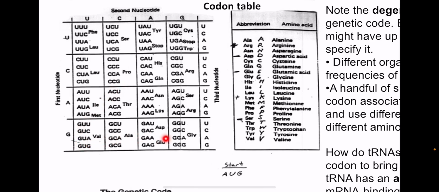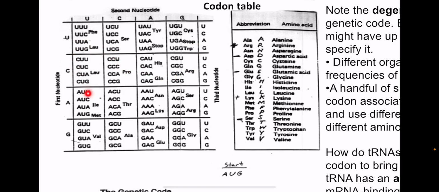But methionine has only AUG, and tryptophan also has a single codon, UGG. Phenylalanine has two, and serine has six, if I'm not mistaken. And some are non-coding: the stop codons UAG, UGA, and UAA.